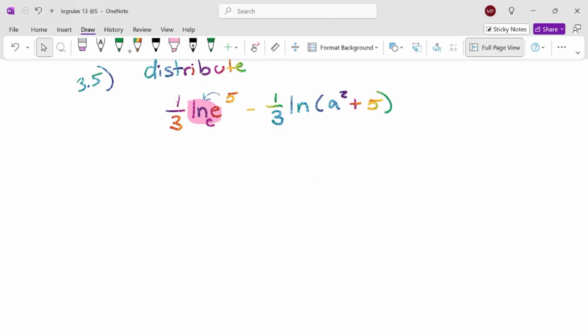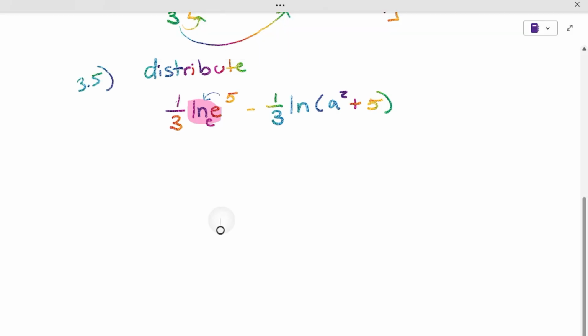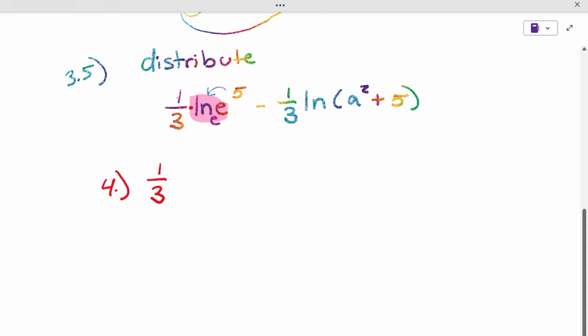So let's grab a new color. Let's do red. For step 4, we are going to completely get rid of the ln e. So we'll have 1/3, bring down that 5, and remember there is a multiplication here, so we have to keep that multiplication there.